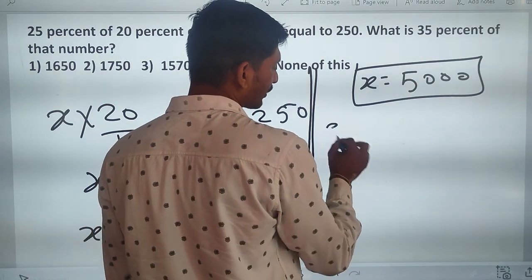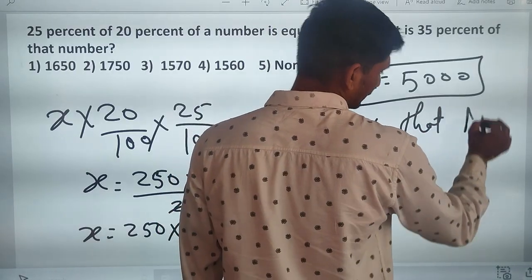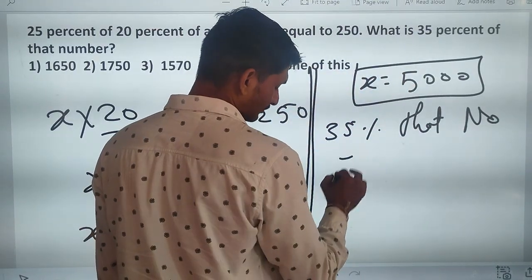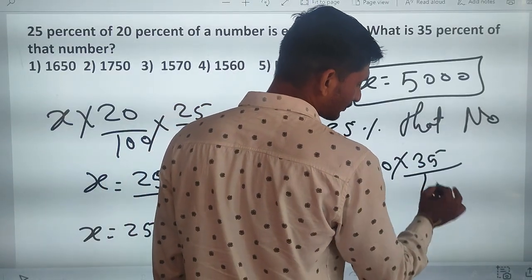Now we find 35% of that number. We write your number is 5000, then find 35% of that number.